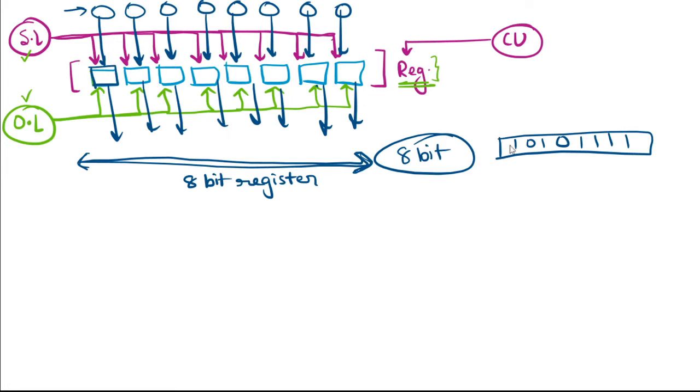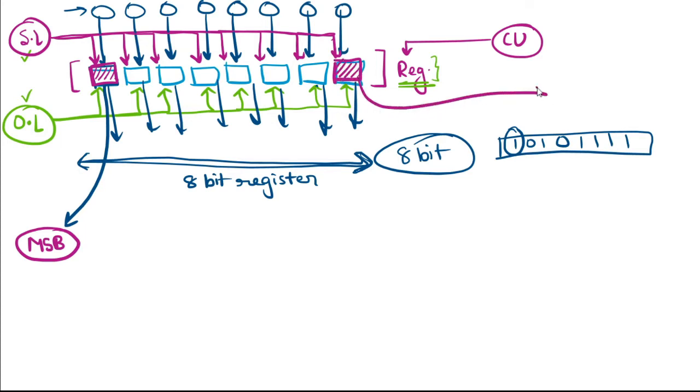The leftmost binary cell will get the most significant bit, whereas the rightmost binary cell will get the least significant bit.